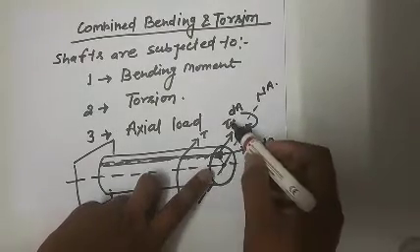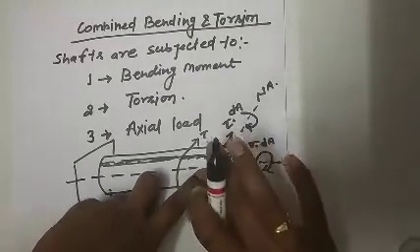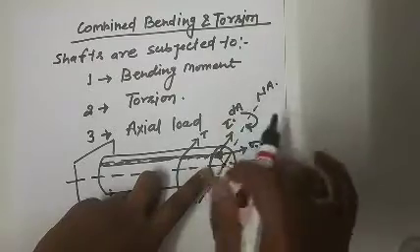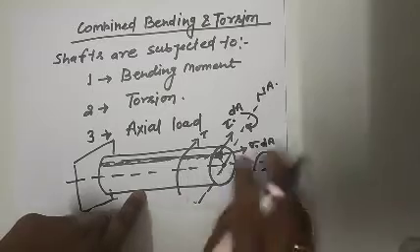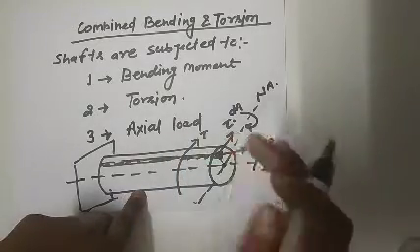So this force tau into dA will try to turn the shaft about this axis of rotation. So the moment is like this way.